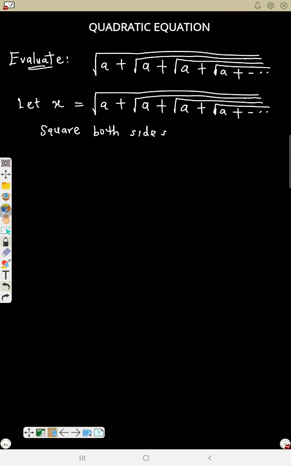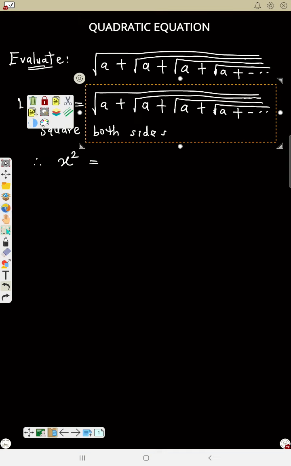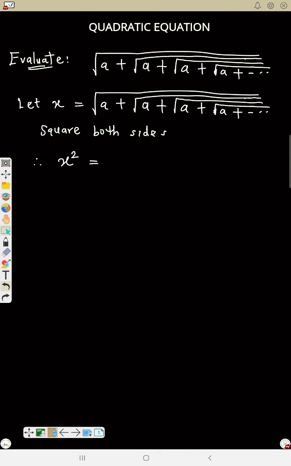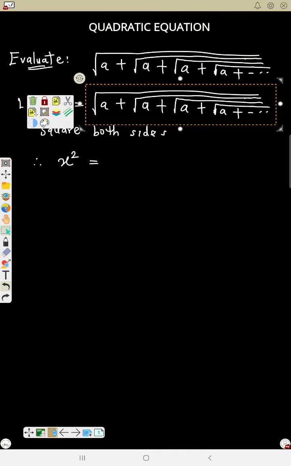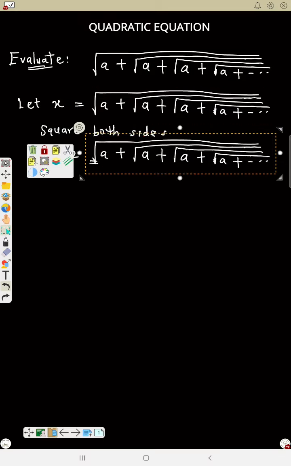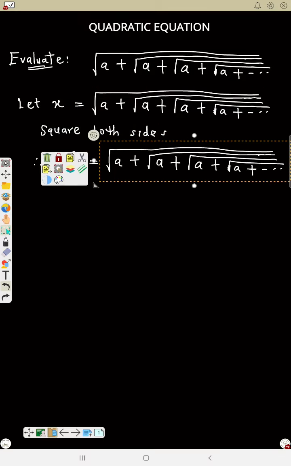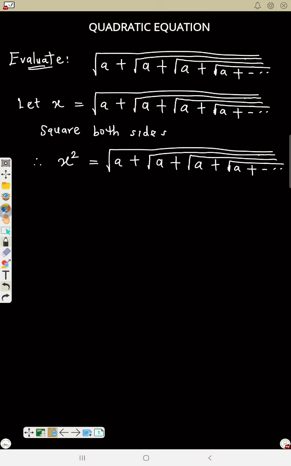So everything squared, so square both sides.